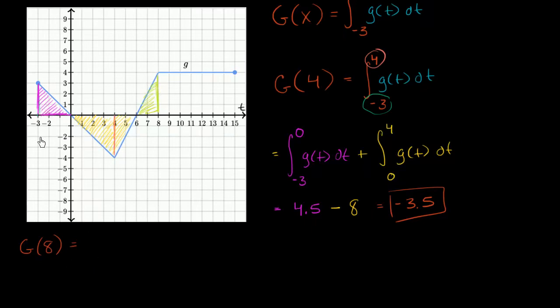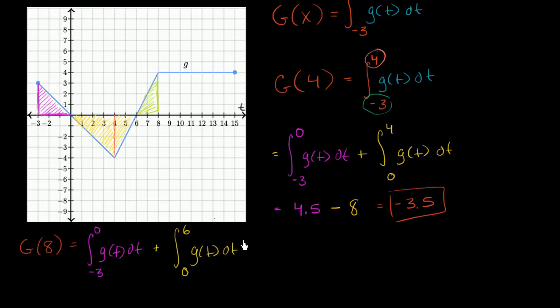It's going to be the integral between t equals negative 3 and 0 of g of t dt, plus this entire yellow region, the part that we looked at before, plus this part over here. So I'll write that as plus the definite integral between t equals 0 and 6 of g of t dt.